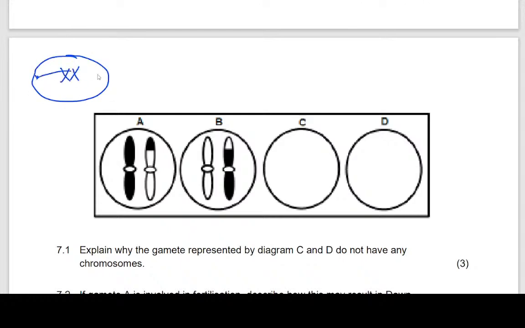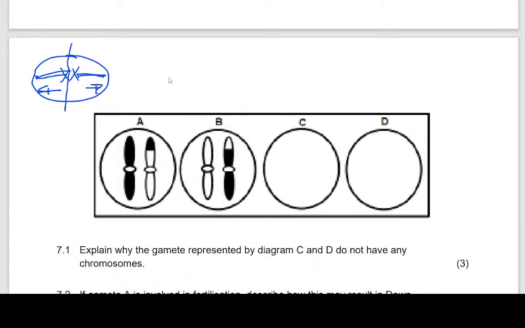If this is metaphase, now it's supposed to split during anaphase. This one must go this side, and this one must go this side. We are explaining how it came about.